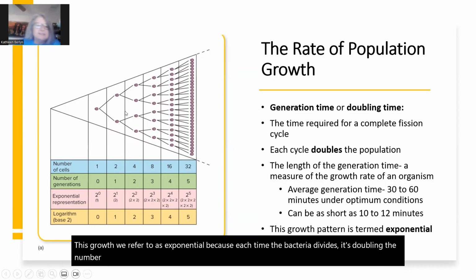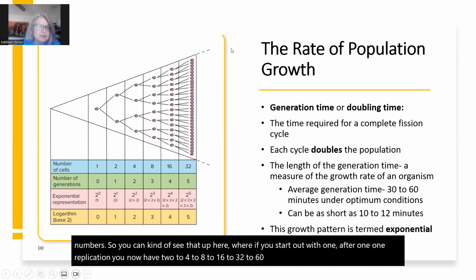So you can kind of see that up here, where if you start out with one, after one replication, you now have 2, 4, 8, 16, 32, 64, 128, 256, 512, 1,024.